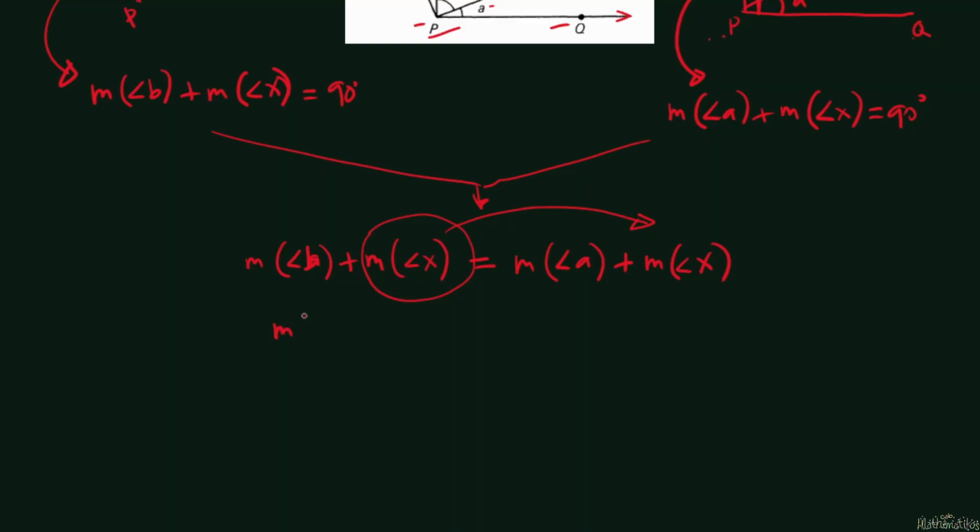So we have the measure of angle B is equal to the measure of angle A plus the measure of angle X. Since we transfer this one, the sign will be negative.